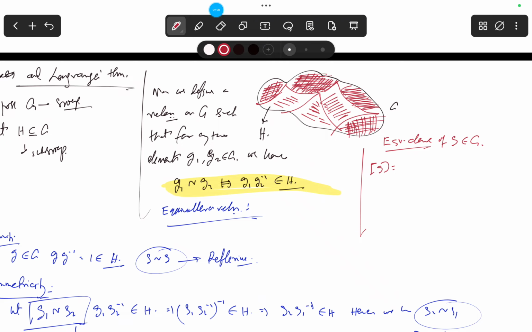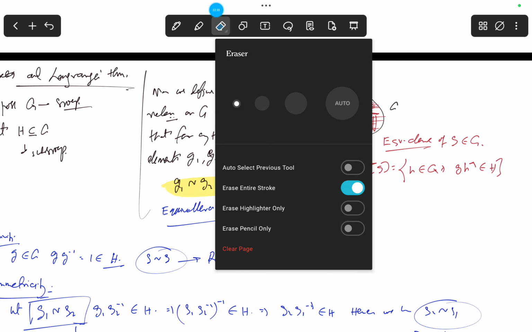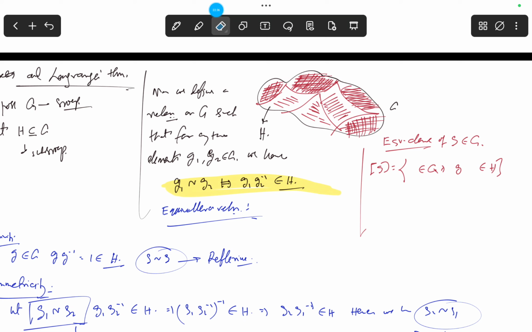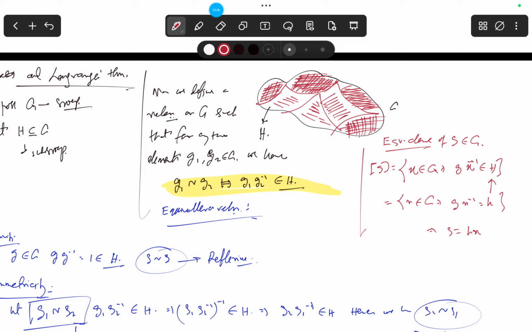This equivalence class of g is basically the set of all x belonging to G such that g x inverse is in H. So g x inverse should be of the form small h for some small h from capital H, which means we can write g as hx for some h.